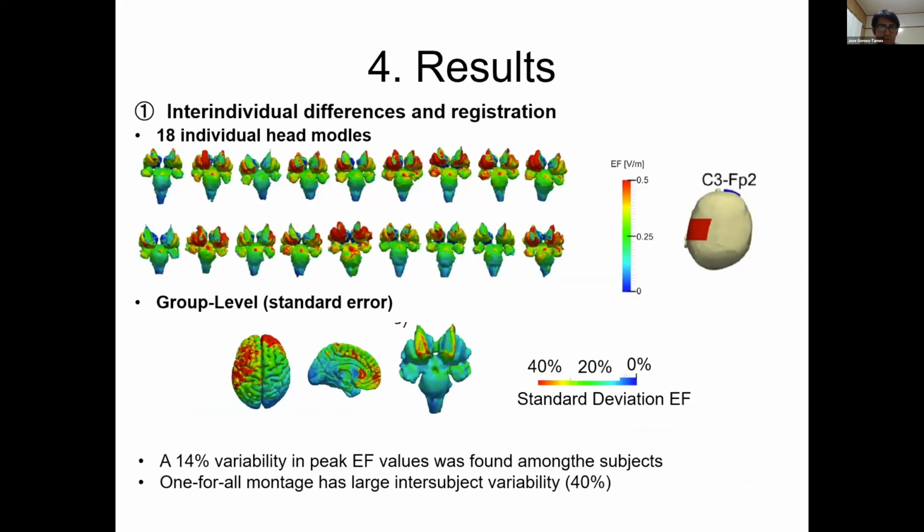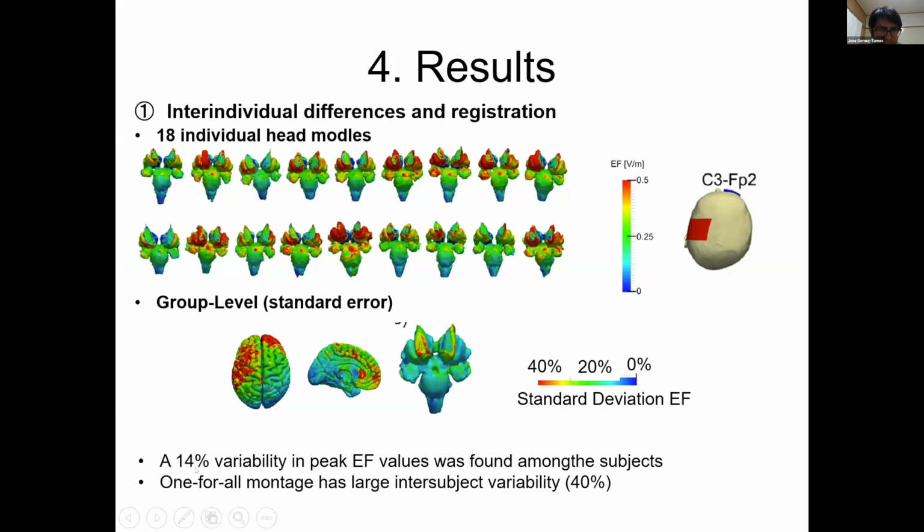So I would like to go into the details of the results. The first point that I would like to show you is the interindividual difference and registration effects. Here I'm showing the electric field in the deep brain regions on 18 different individual head models. We can observe that we certainly have variability.